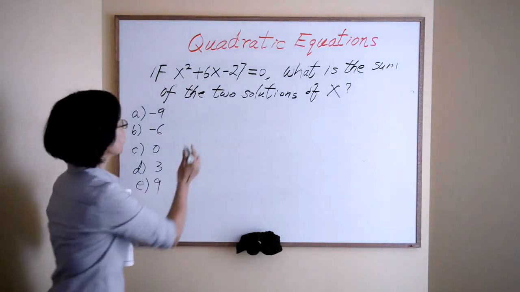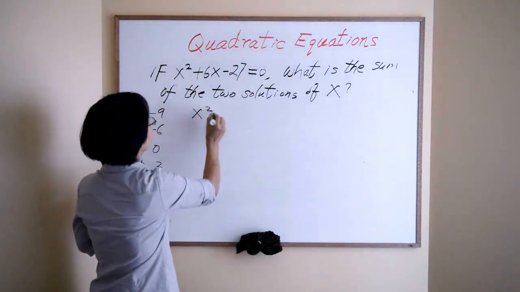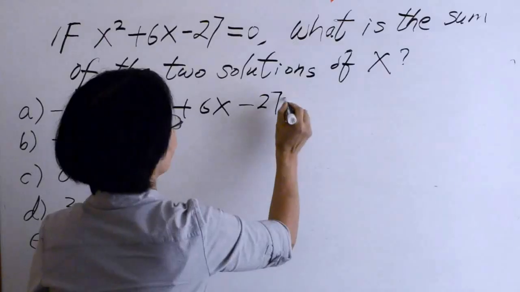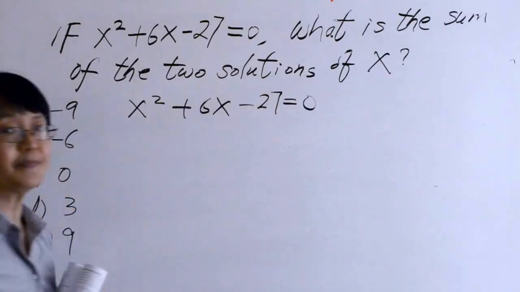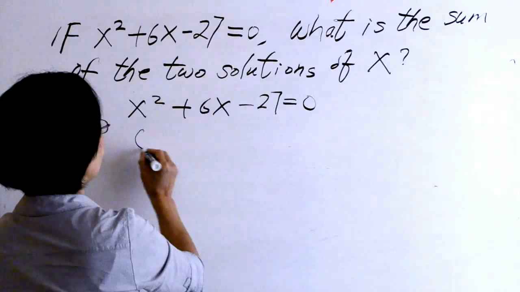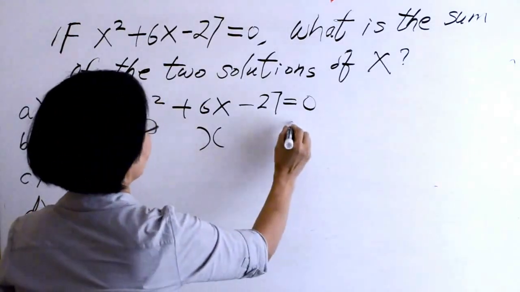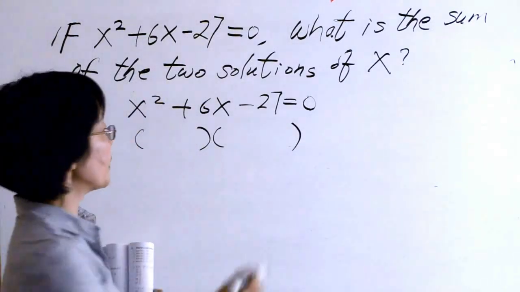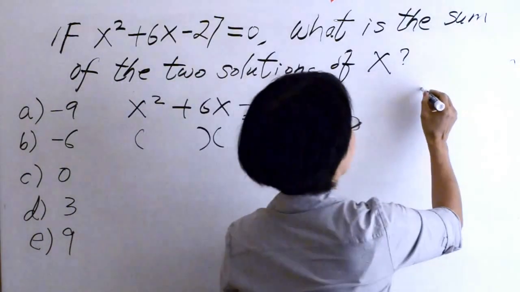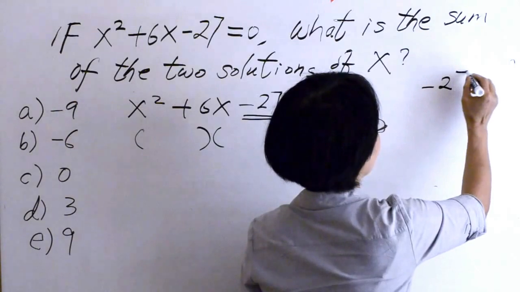To solve these equations, the trinomial, this is how you do it. You need to factor it. To factor it, I'm going to start with the constant term. This number here, pull it out, negative 27.